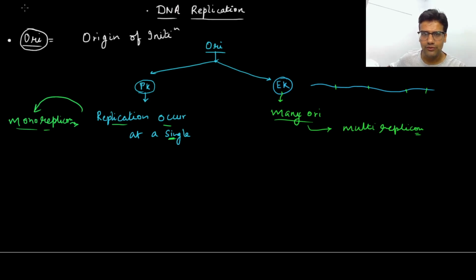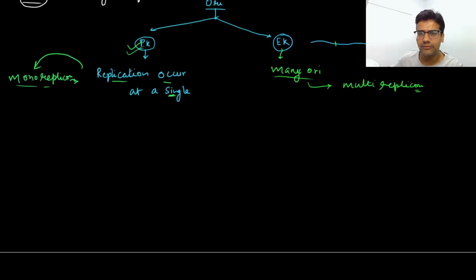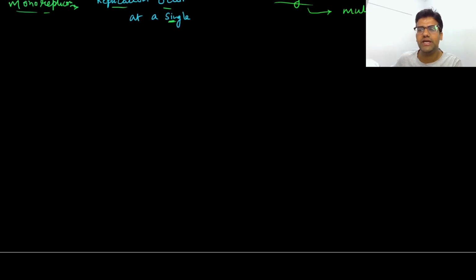From the exam point of view, we are going to study prokaryotic DNA replication. We will also discuss some points about eukaryotic DNA replication, but will not go into detail. In your syllabus, it is all about prokaryotic DNA replication.